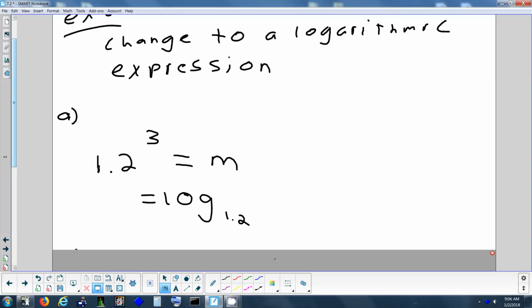Well, Katie, I said that the log function always equals what kind of number? Yeah, it always equals the exponent. So logs always equal the exponent. Okay, and Mason, what's the only thing I haven't used? The m, and that has to go into the log function.